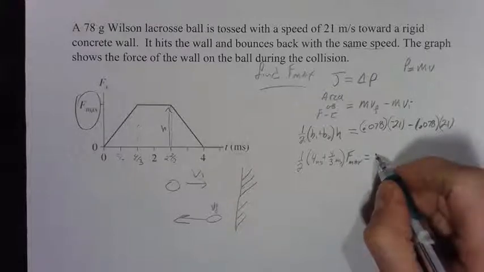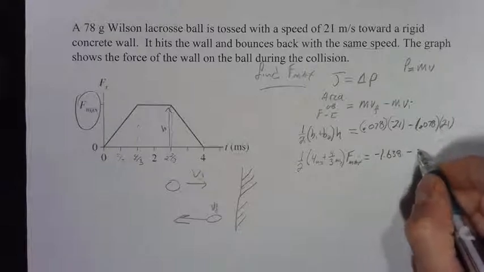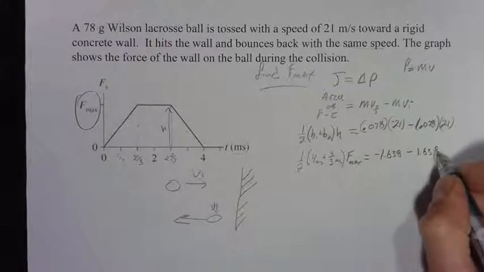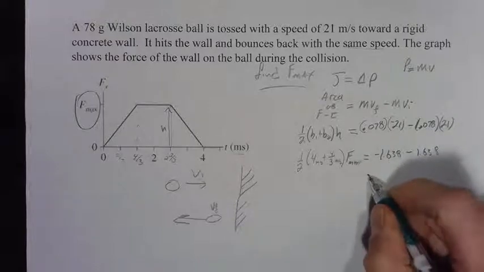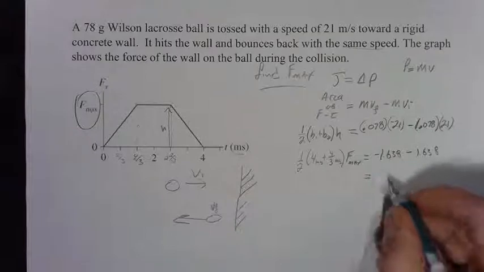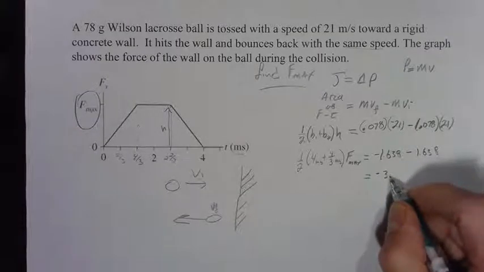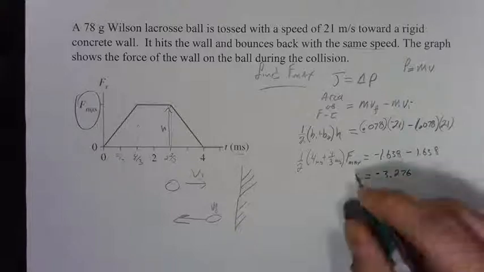We're going to get a negative 1.638 minus 1.638, so it's double that mass times its velocity. So that's going to be a negative 3.276 newton seconds for now.